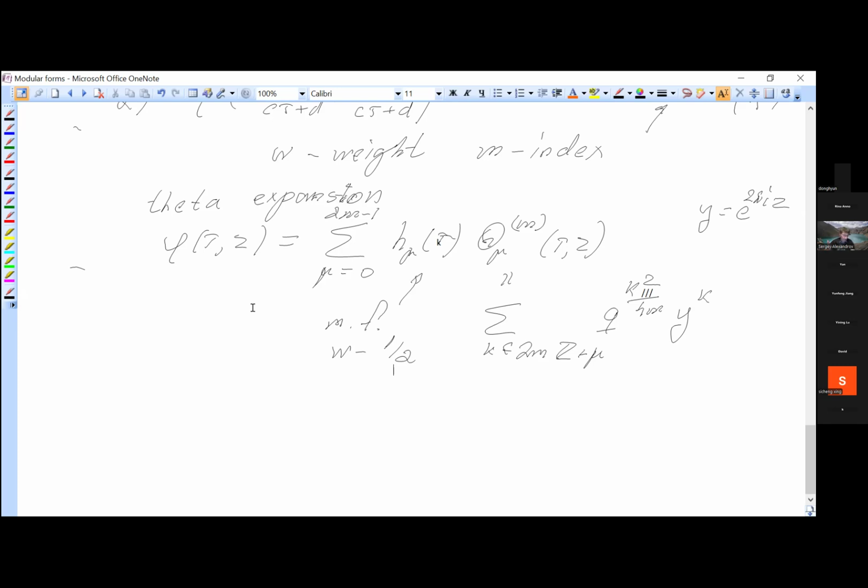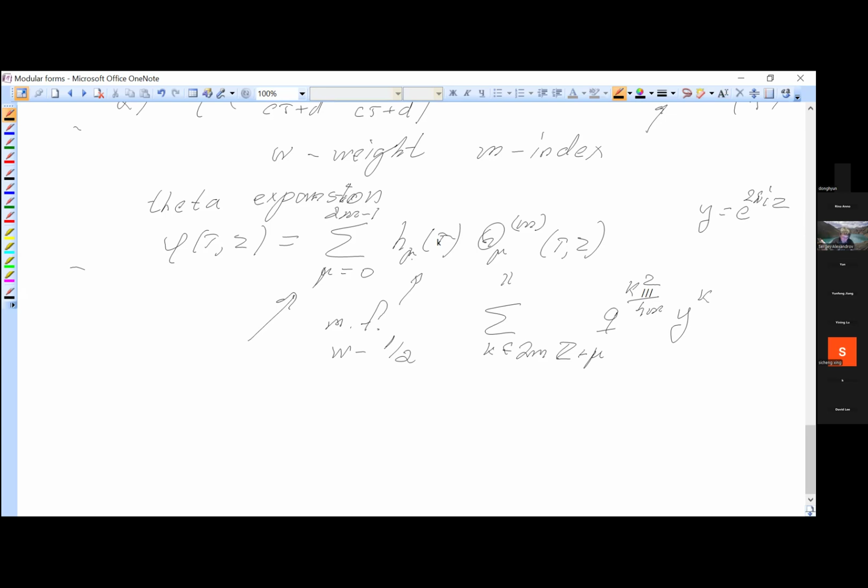Also, you can consider non-holomorphic Jacobi forms, and even mock Jacobi forms. If you consider mock Jacobi forms, you just define them to be the objects which have this theta series decomposition where h mu are mock modular forms. And you can also consider high depth objects and so on.